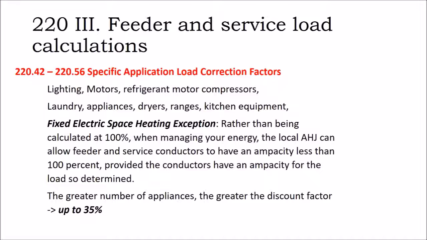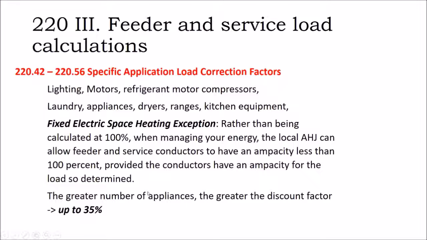What this is saying is there may be areas where, if you're employing on-site energy storage, like a battery bank, your electric service may be allowed to be undersized. We've seen that happen with electric space heaters.